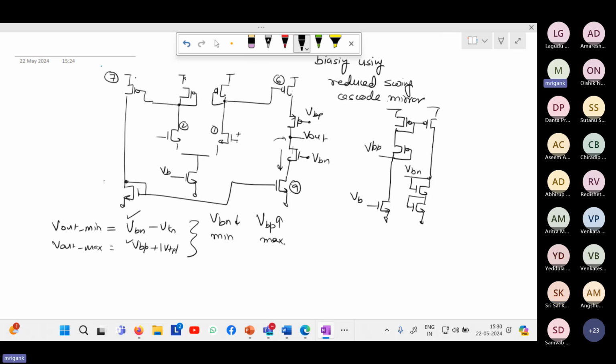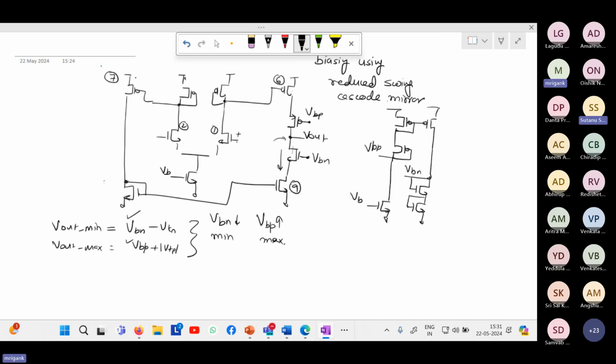Where is r naught coming into picture? If we are using a current mirror, then the r naught of the PMOS above, which is used for mirroring, is very high, it can act close to a current source. We can ensure that most of the potential drop is across it, so the VBN can be reduced. No, that is not the case.